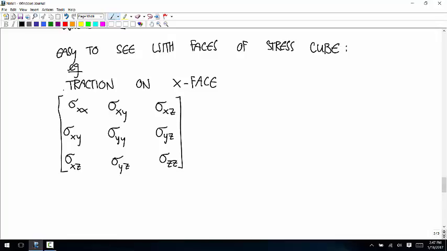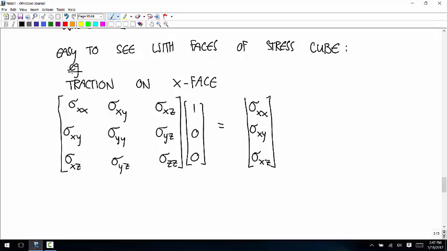Okay, and so now we want the outward facing normal vector to the positive x face, one that's going from inside the material to outside the material. That's just going to be 1, 0, 0. And if you do that multiplication, you get sigma xx, sigma xy, sigma xz. Just like we know, that's the traction on the positive x face.